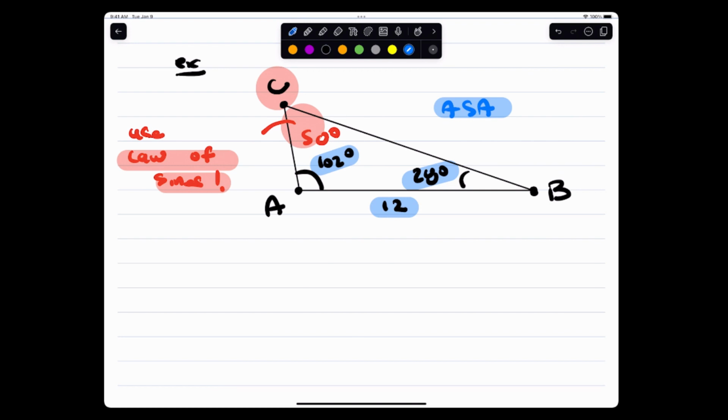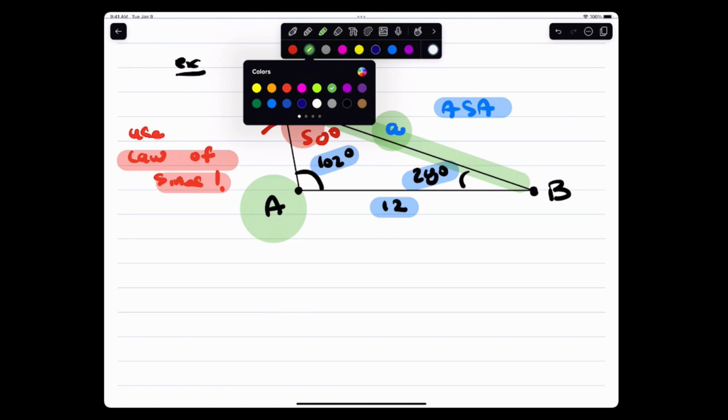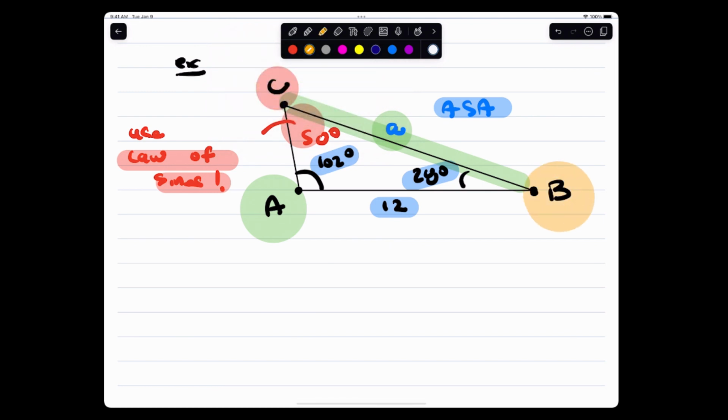If I said I want my A to be what color? Orange. Or a little green, who cares? Green. That means this side has to also be green. But what letter is it? Call it little a. It's associated with angle A, that's little a. And then the other side for B, ladies and gentlemen, if this is angle B, really angle B is right here.